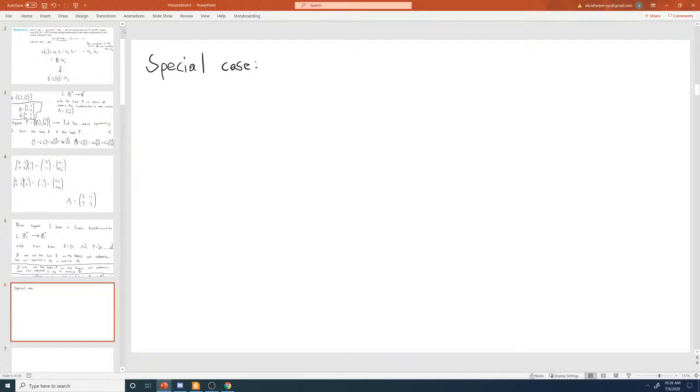I'm going to let E be the standard basis for R2, so it's going to be 1, 0, 0, 1. And then L is going to be a linear transformation from R2 to R2.